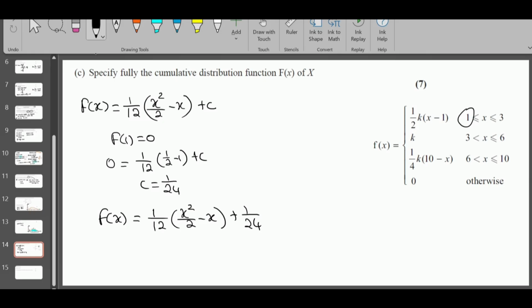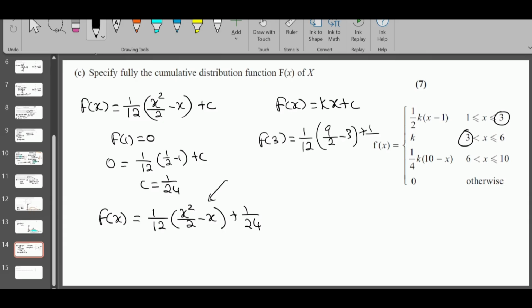And then I'm going to integrate this now. F of x is equal to kx plus c. Since 3 is a common limit, find F of 3 here by subbing. So F of 3 is 1 over 12, 3 square over 2 minus 3 plus 1 over 24.